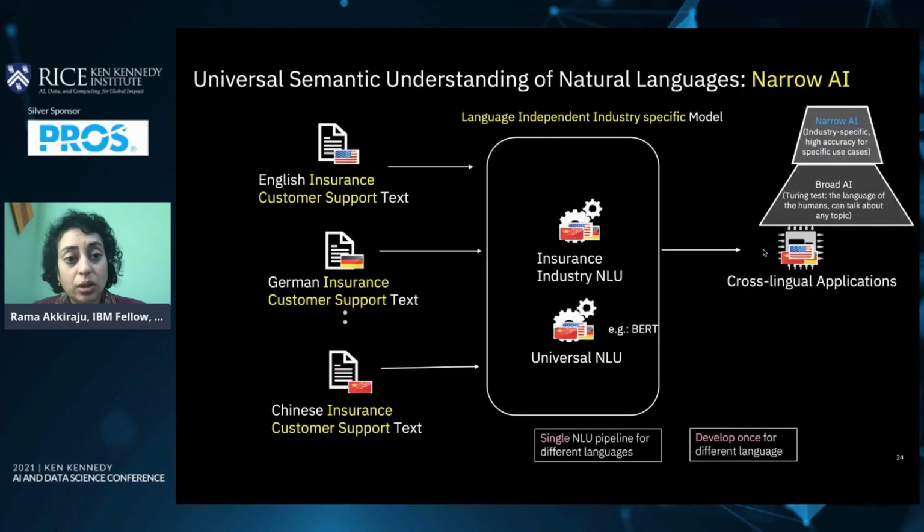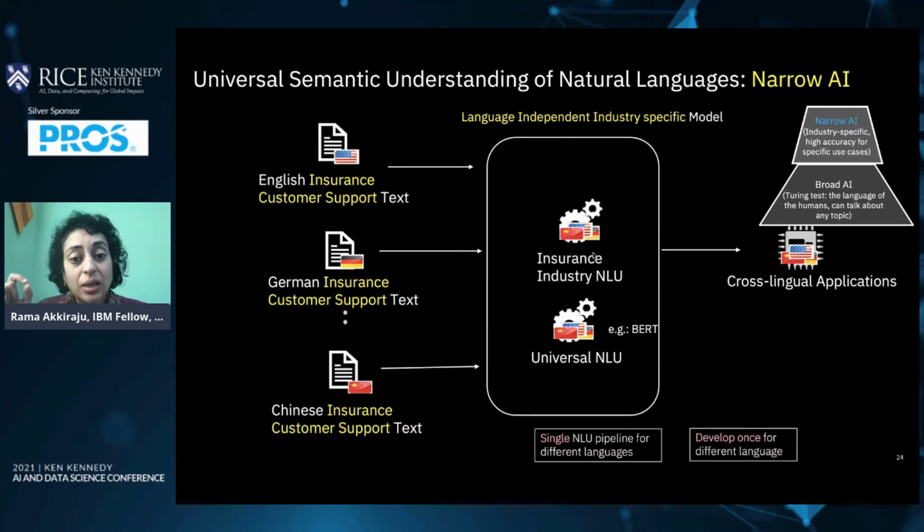And what that would result in is that you can actually take individual industries, say insurance domain data in English, German, Chinese, whatever languages, and on top of these general purpose pre-trained natural language models, you can also start to build industry-specific context. So there is a German language model that understands, let's say, a doctor who speaks into that speech-to-text system in Germany.